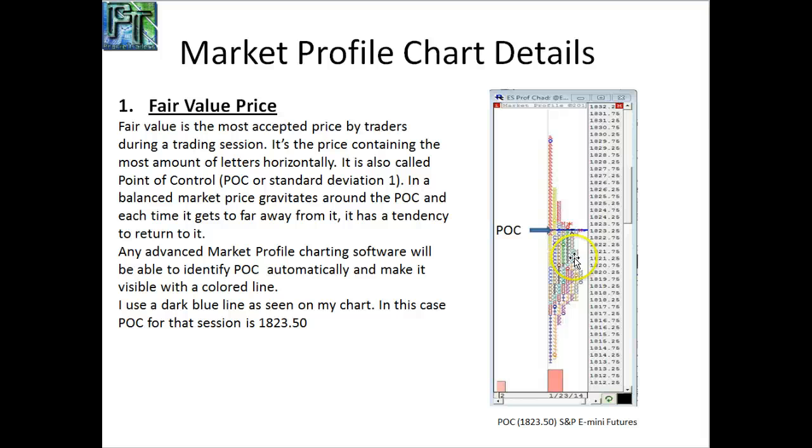So it's very important that I know for this session that the most traders accepted 1823.5 as a fair value. Again, the software will be able to pinpoint that price level automatically for you.